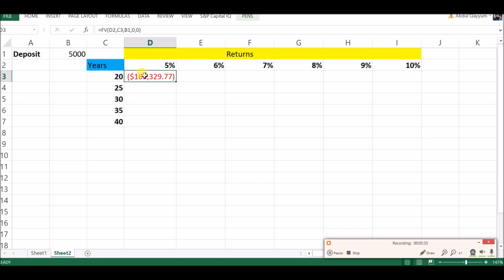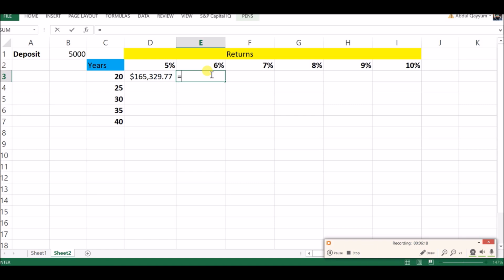Excel by default gives a negative value, so you can put a negative sign anywhere, which makes it positive. So if we deposit $5,000 every year at an interest rate of 5% for 20 years, we will get $165,329.77.